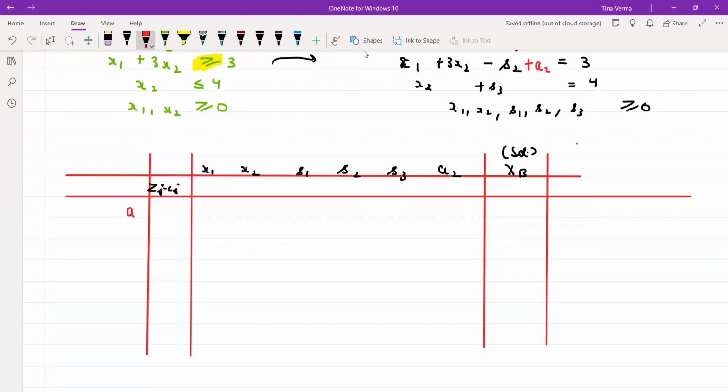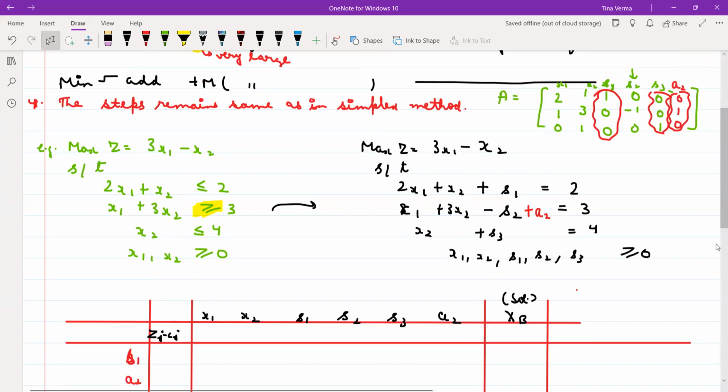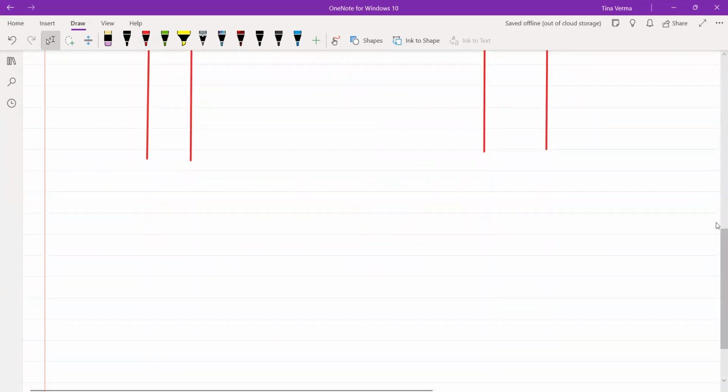In the first, who is making the identity matrix? If you notice, this is S1, this is A2 and S3. So what will be the basis? In the first, I will have S1, A2 and S3.